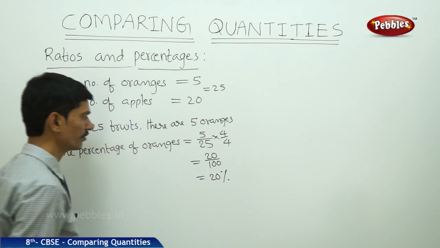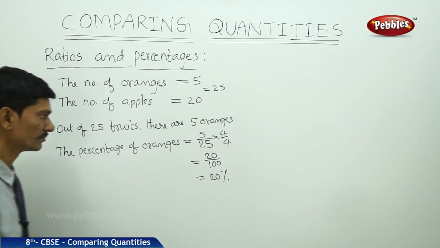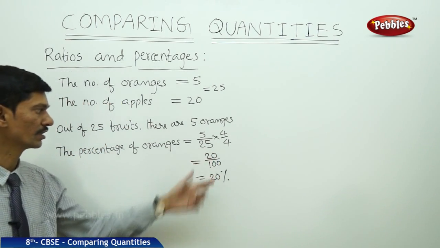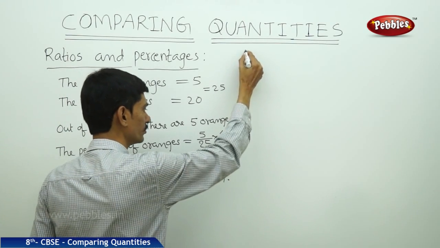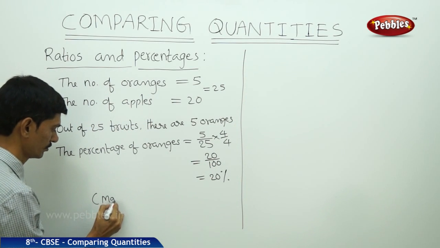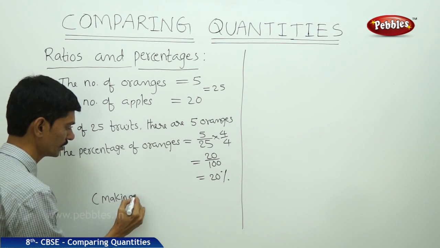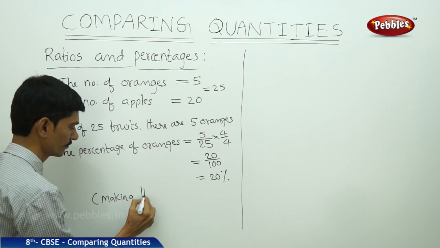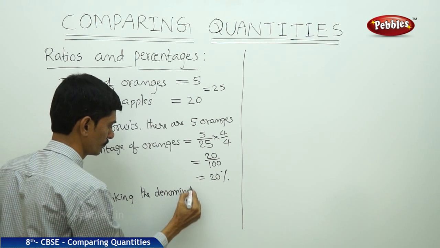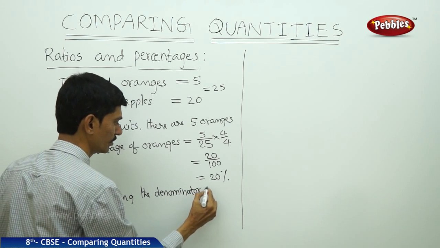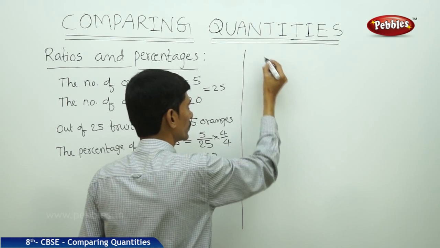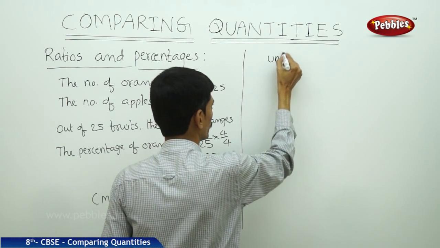So the percentage of oranges is 20%. So this has been done by making the denominator 100. Now you can do this by unitary method.